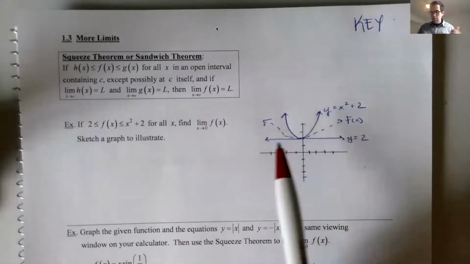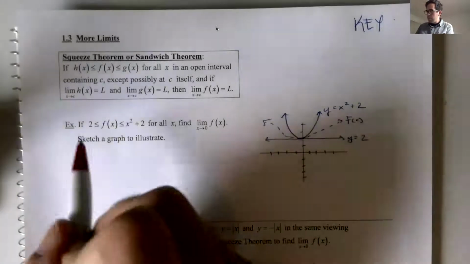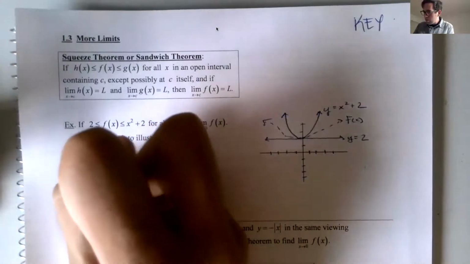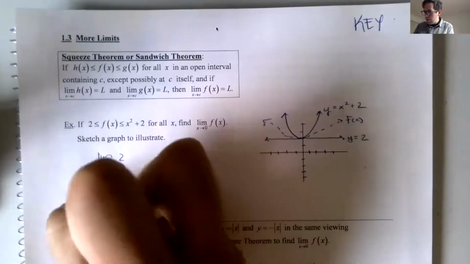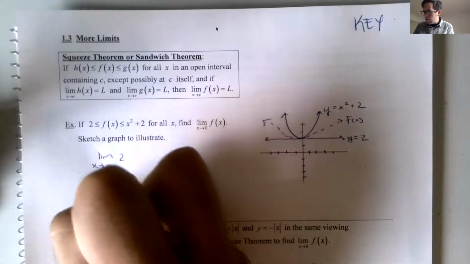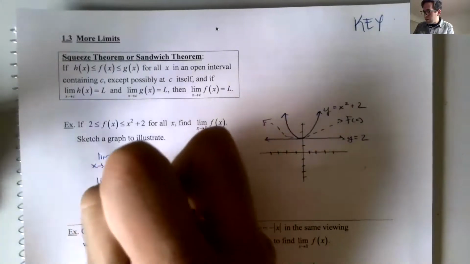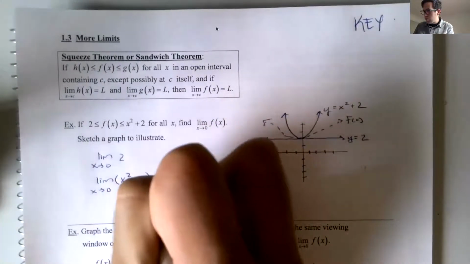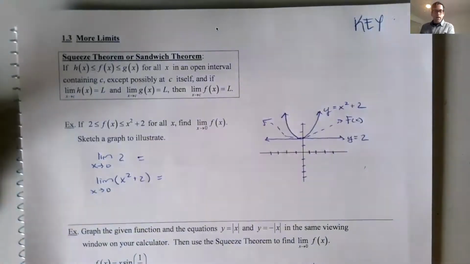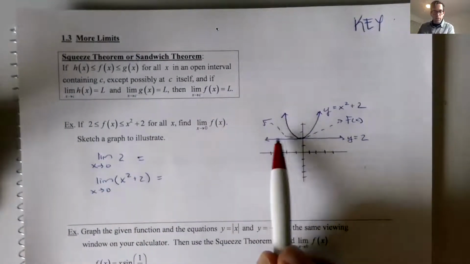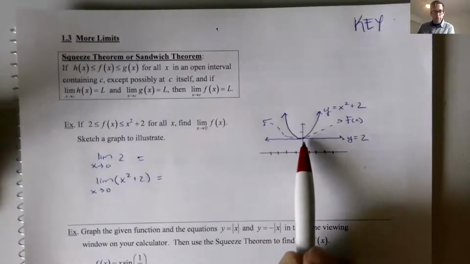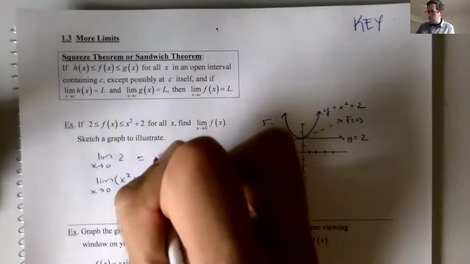Okay, so what we need to do is think about the limit as x approaches 0 of 2 and the limit as x approaches 0 of x squared plus 2. And so for our lower function, the 2, as we approach an x value of 0 from the sides, the y value is pretty clearly going to stay 2.